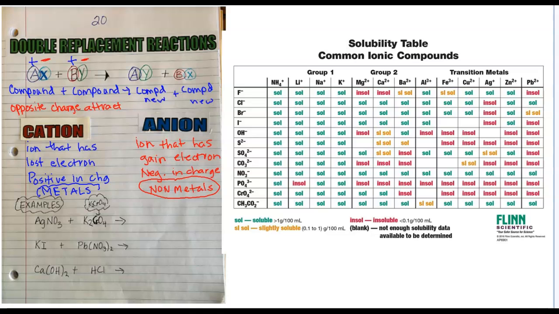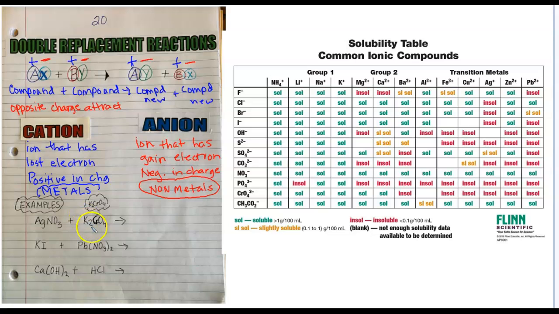So we're still going to have the positive A with the negative Y. Positive, negative, all the time. And we're going to have our positive B with our negative X in this case. So you're going to just swap places, but remember, opposite charges attract. Opposites are going to be put together.